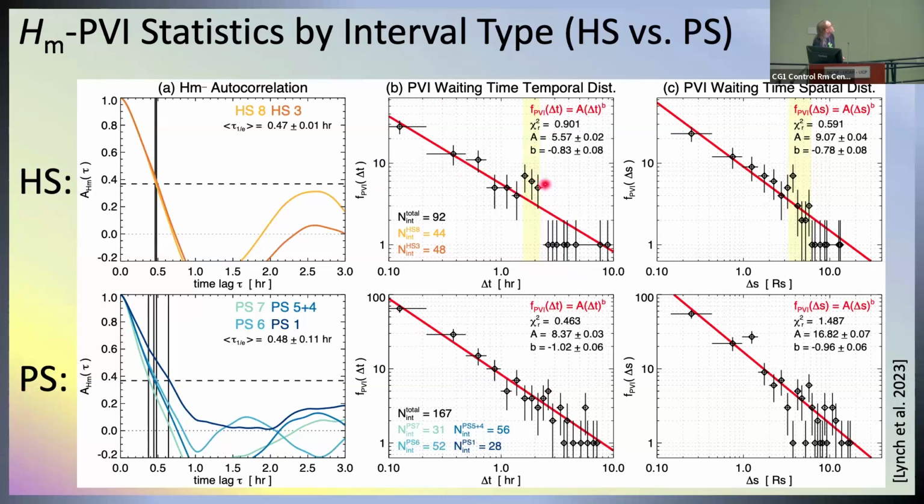And this bump is interesting because it is at about 90 minutes, which is the exact same cadence that folks looking at streamer blobs coming off the helmet streamer belt see as their characteristic periodicity, although it's hugely variable. It was interesting that there's perhaps some indication that that periodicity shows up in the magnetic field structures as well as the composition and density structures.